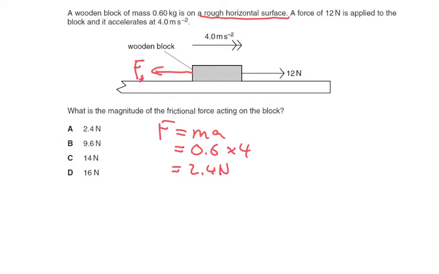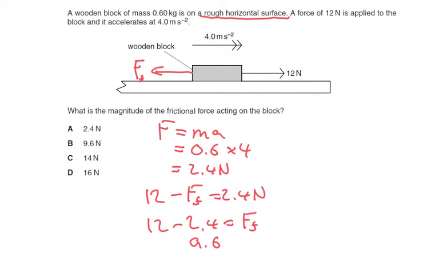Now, the net force, basically 12 is our force going forwards, minus our frictional force is going to equal 2.4 newtons. So if we just rearrange this, we're going to get 12 minus 2.4 is equal to our frictional force. 12 minus 2.4 is equal to 9.6 newtons, which is B.